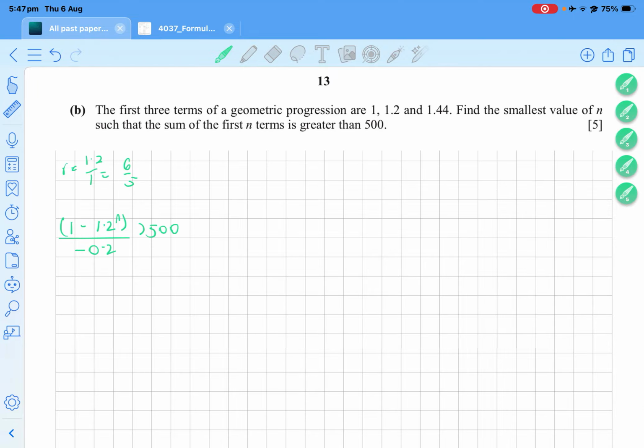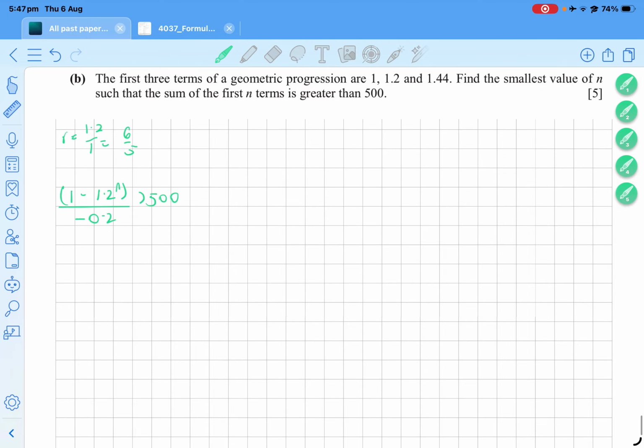So if I multiply both sides by negative, this will be less than, and then I can multiply 500 by 0.2, so this is minus 100. 1.2 to the n must be greater than 101. So I can find out what the value of n is.